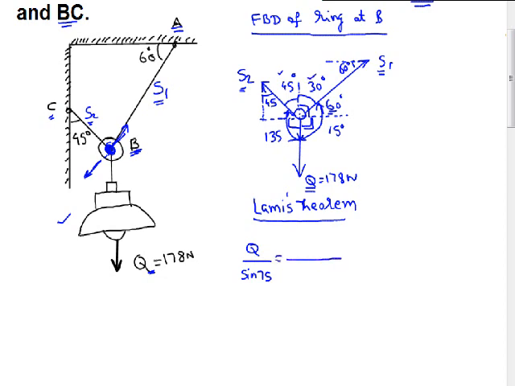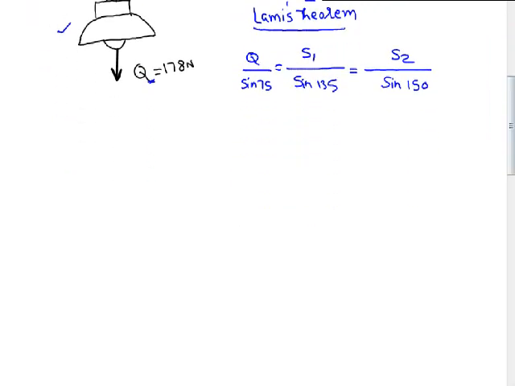This is equal to S1 by the angle between the other two forces, which is 135, sine 135, which is equal to S2 by the angle between the other two forces, which is 150 degrees, sine 150, from which we can compute what is the value of S1.